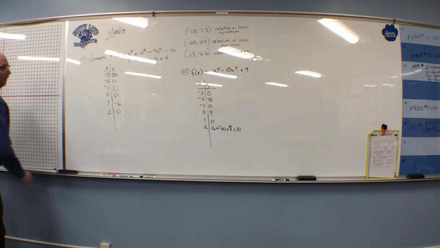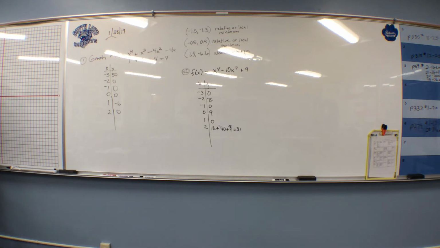Okay, so we got a -3, 0, a -2, -15. We're down here. -1, 0, oh my goodness, that pops up, doesn't it? It goes down and comes up real quick. And 0, 9.